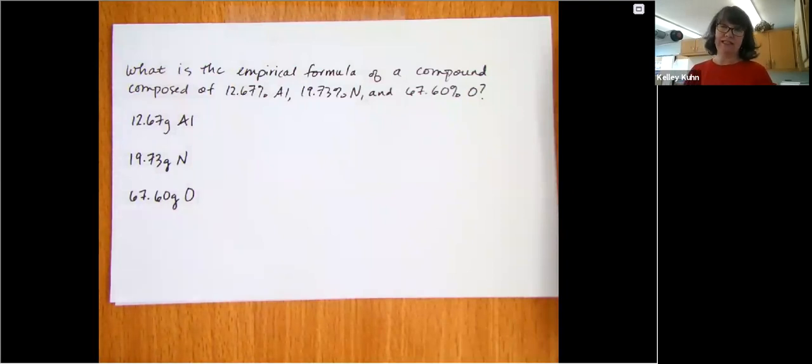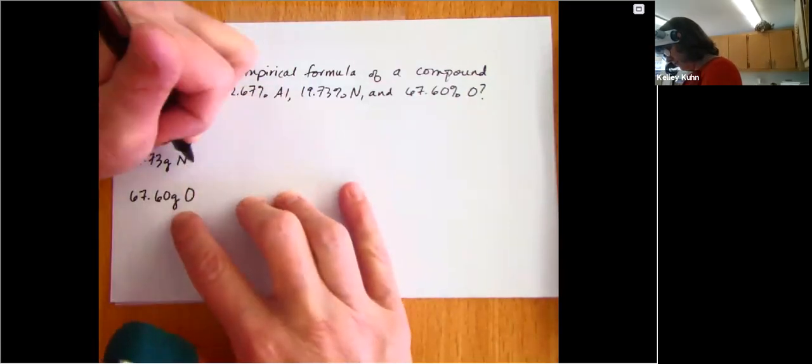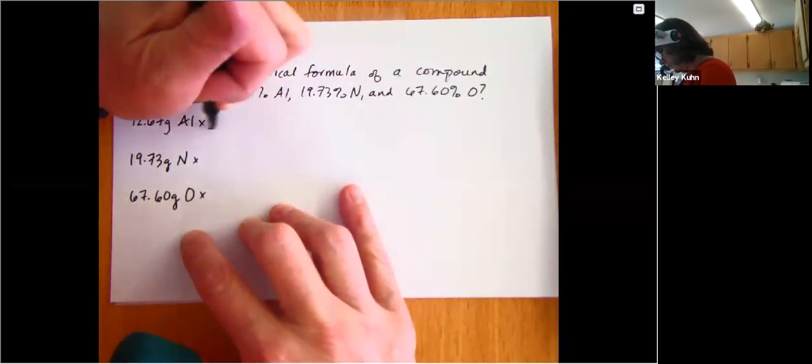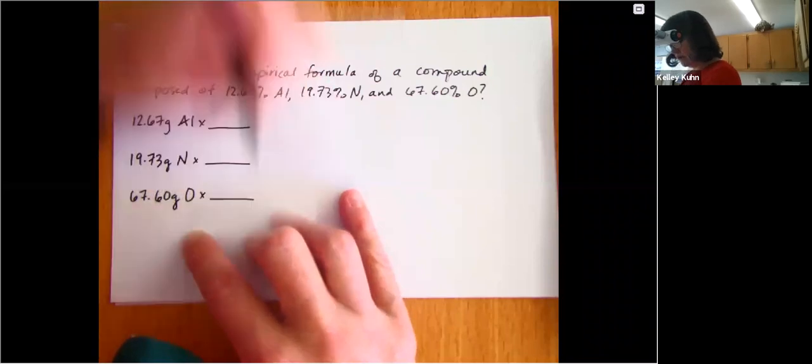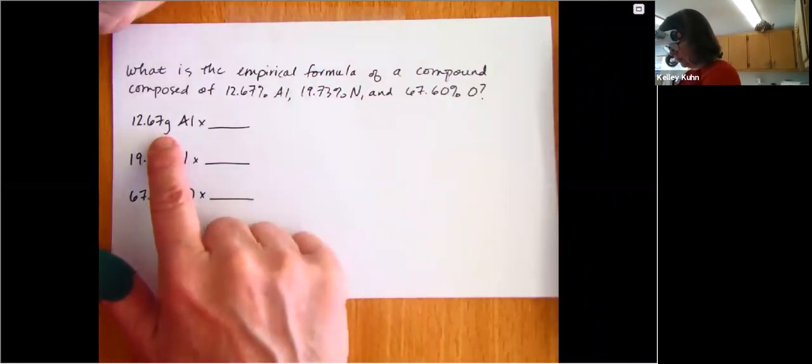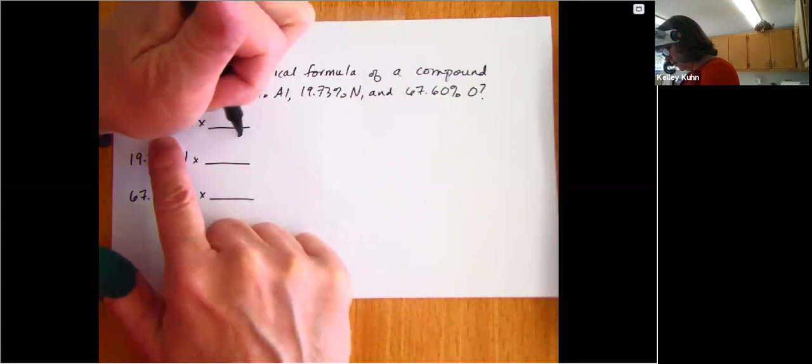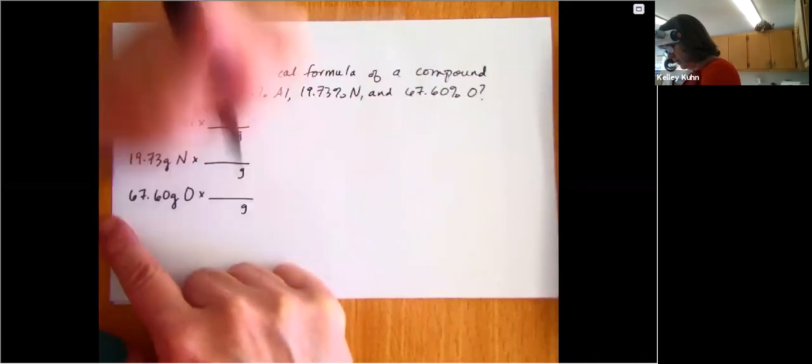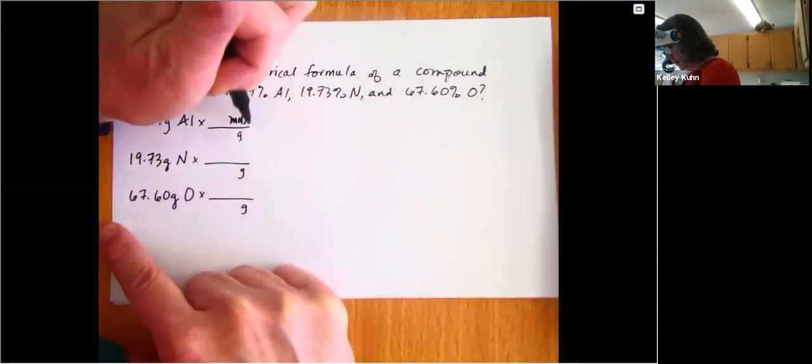If you read the second step, what does it say to do? It says to convert those gram quantities to moles. So our second step will be to convert each of these to moles. So remember, if we're starting at grams, grams will go on bottom, moles will go on top.